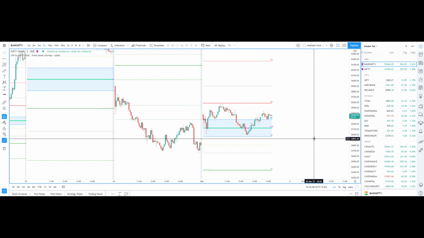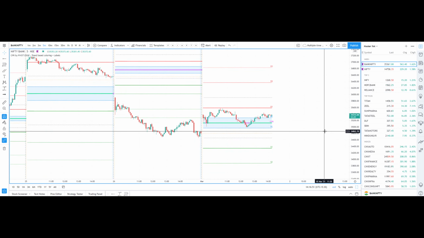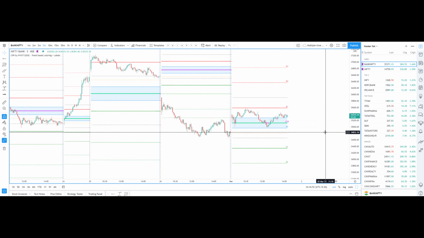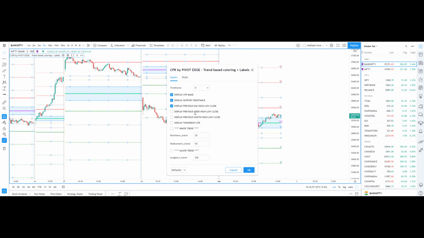It can either take a rejection or break through that and go on to the next levels. So whenever price reaches these levels, you have to wait and watch how it is going to react. The same you can use for previous week high low and previous month high low, if you are trading in a week time frame or month time frame.